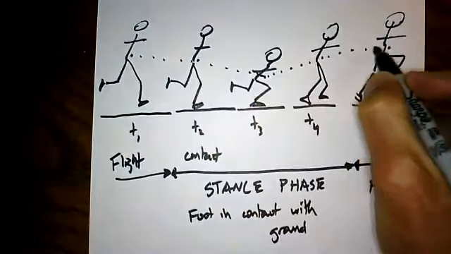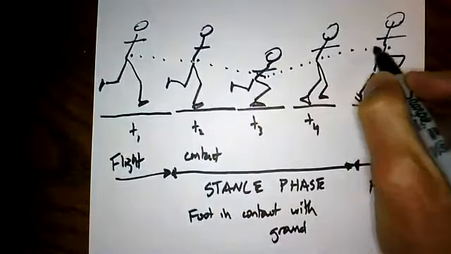All right, so let's draw this out. Here's contact. So I'll put GC for ground contact. That's a typical way that we refer to this. And the way I did my stick figure, I drew the stick figure hitting the ground with the heel first, but it could be the toe, it could be the lateral aspect of the foot, it could be anything.